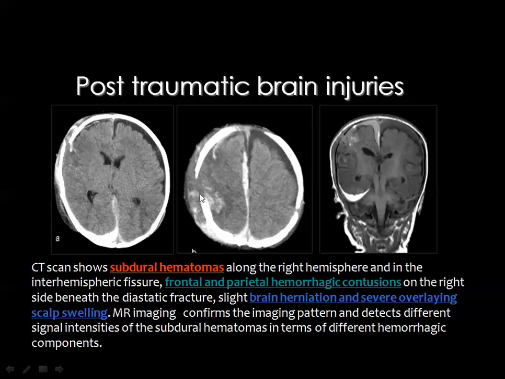Also, if you look carefully, then you can see blood in the falx and also along the inner table of the posterior parietal area, and this blood is located in the subdural space, as I have said, and in the coronal T1 weighted MR image, you can appreciate the subdural location of the hematoma.